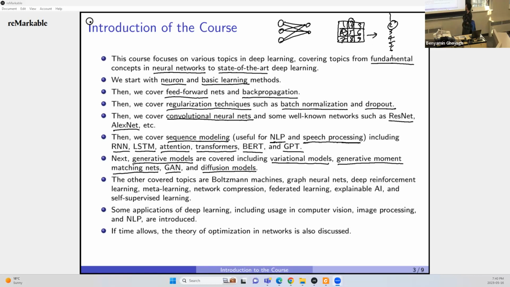Another one is generative moment matching networks. The idea is that it uses moment matching, maximum mean discrepancy, and that's one of the methods to calculate the difference of two distributions. So have you heard of KL divergence, for example?